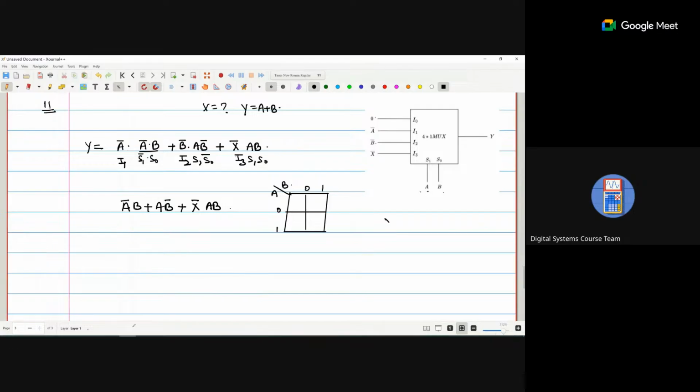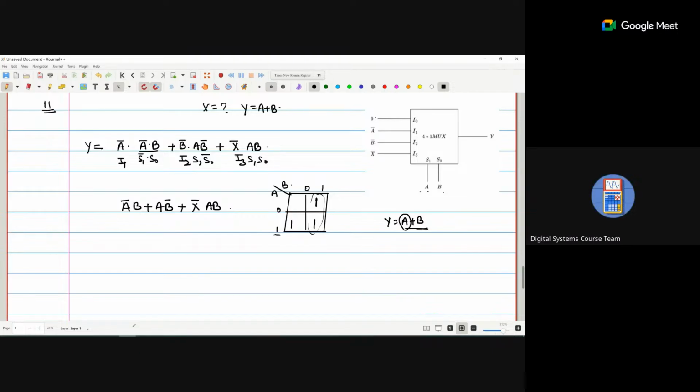So y is equal to A plus B. That means we have a one term that is A. When we create a group of these two, the constant is A. And if I talk about B, we are getting this column where B is equal to 1. Clear? Any doubt? Yes or no? No, sir.